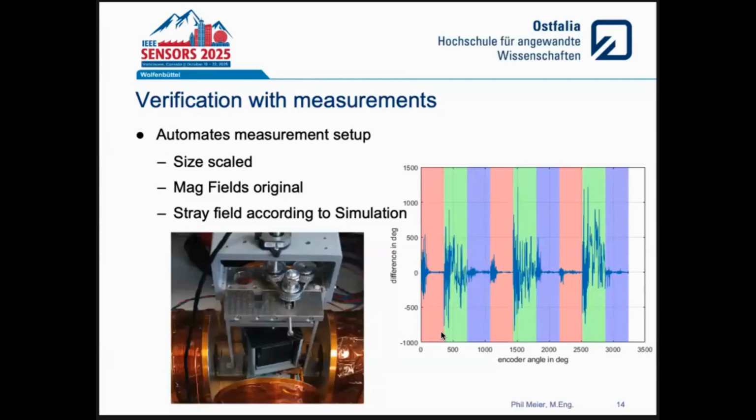Here we recognize in the green fields that the training data doesn't match, it is not in the range that the network knows. You can also see that at the beginning of each angle there is a high difference. We had some issues in that range with the positioning of the encoder magnet, so in the first few angles there was a bit of systematic error. We are going to fix it in the next iteration.